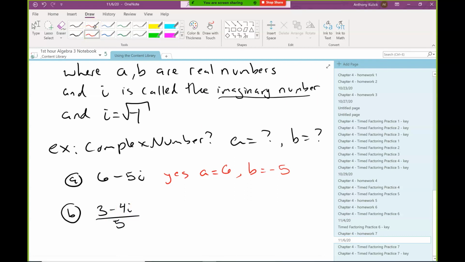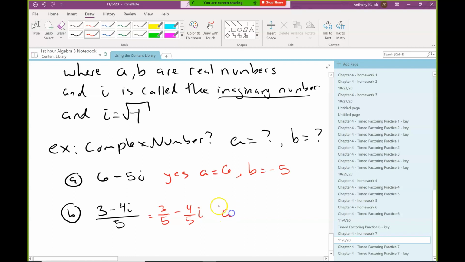Is this a complex number? Yes, we would just need to think about it that way, but we can write that as a complex number still. Everybody's okay with what we did there? We just took that common denominator and broke it into two separate fractions.